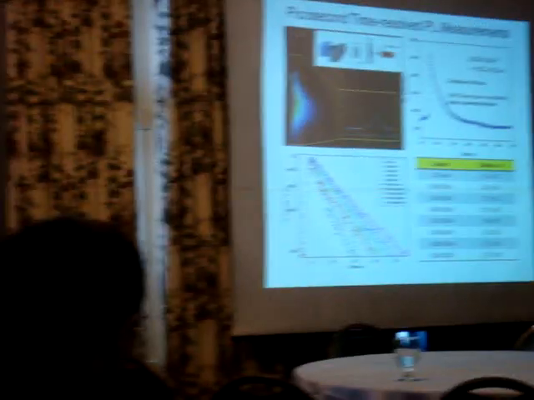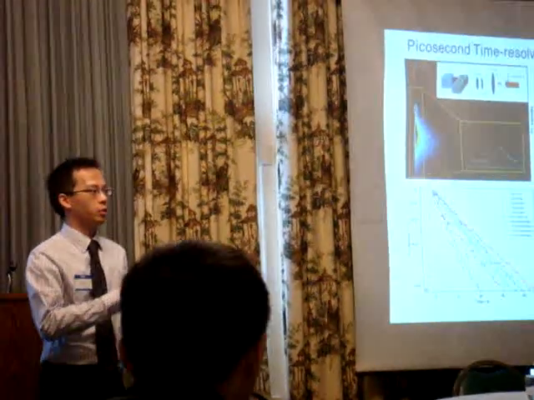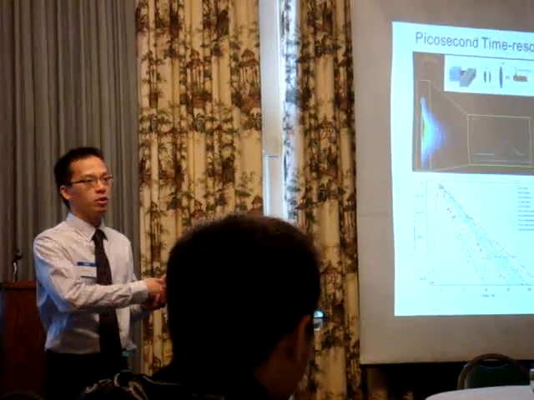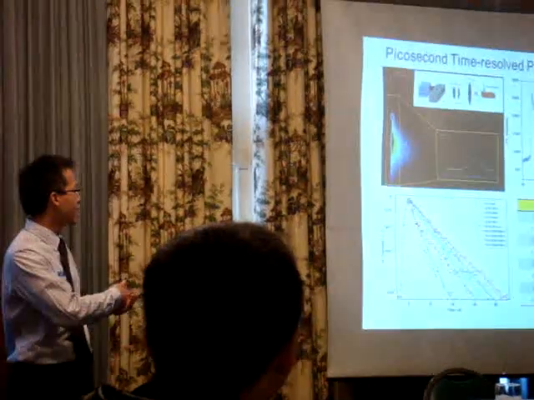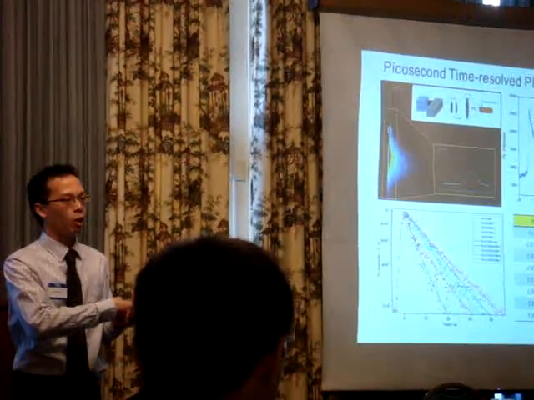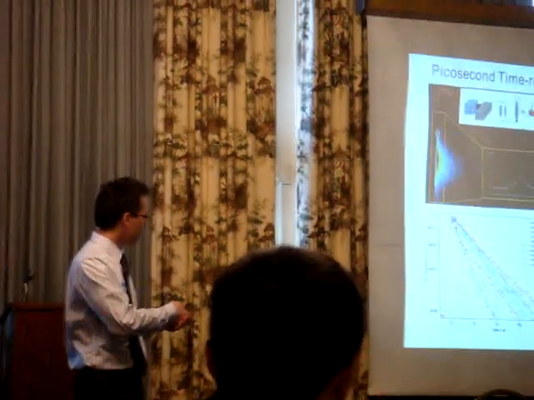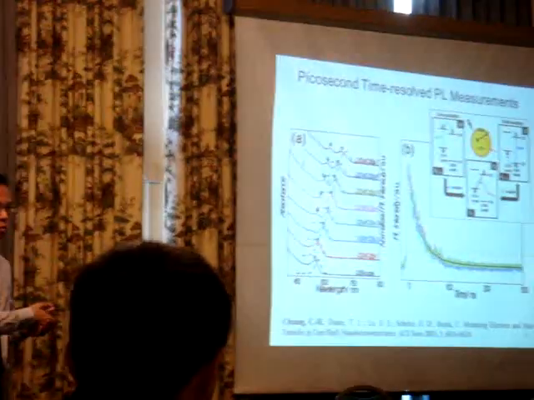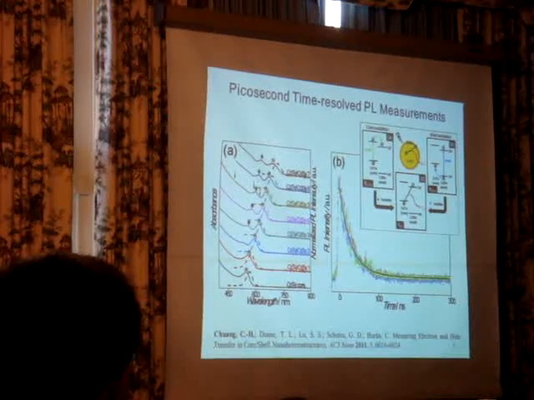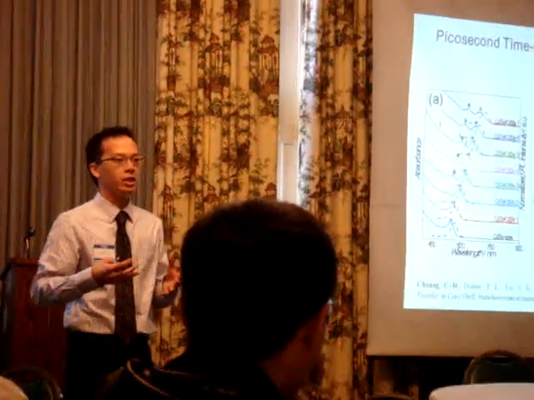So this result actually demonstrates what I said in the introduction. This kind of material is quite a good candidate for photovoltaic application. We are able to tune the electron and hole lifetime by chemical method. So now we know the PL lifetime increases as the shell coverage increases.